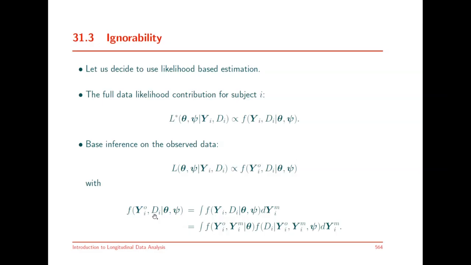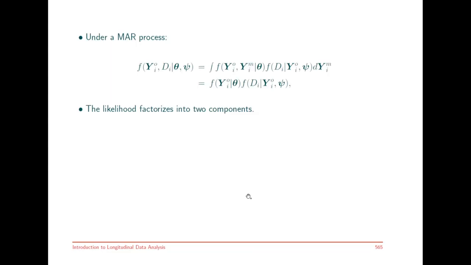The thing is that in general, you need to integrate over the missing data components. But under MAR, the missing data components are not present in the second factor. You integrate over ym, but the second factor is free of ym. You therefore can put it up front, and your likelihood effectively factorizes into two factors, which means the log likelihood factors into two terms.